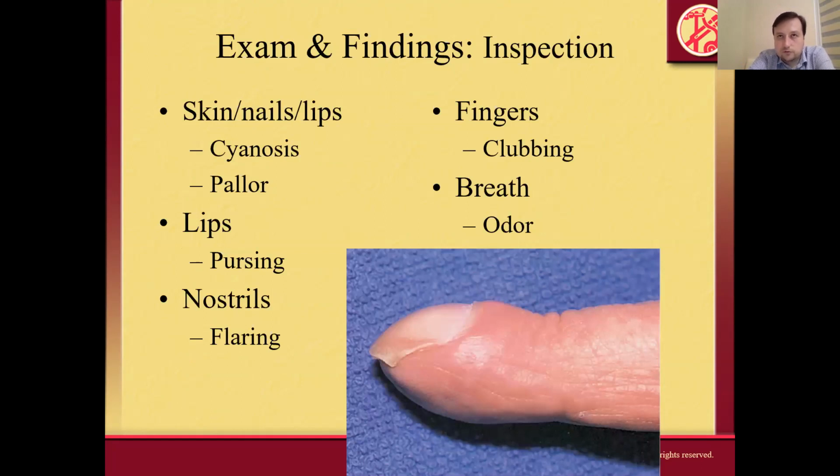Cyanotic skin is due to acquiring less oxygen. Then fingers: as you see in the picture, it is a clubbing finger. Clubbing finger is a sign of chronic lung diseases. Also lips and breath.